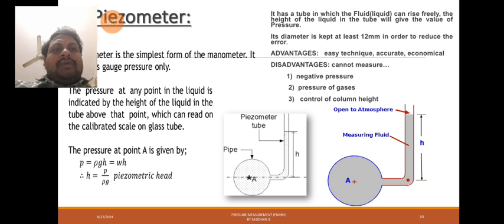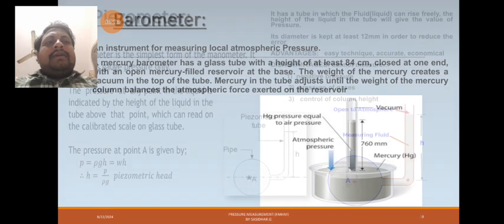This is the simplest manometer, the piezometer. The piezometer is the simplest form of manometer. It measures the gauge pressure only.